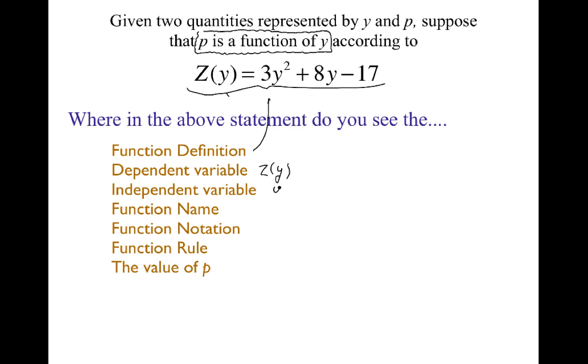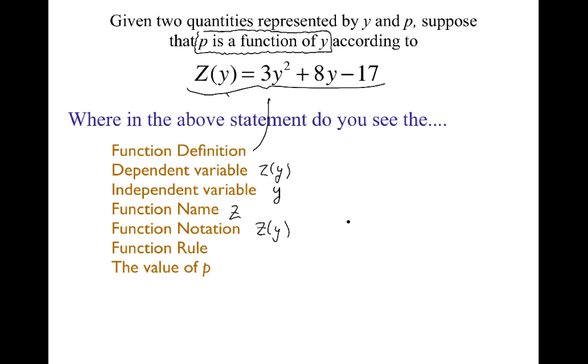The independent variable, that's y, right? We see that on both sides: in the function notation, and over here on the right too. The function name, easy, z. Function notation gives us z of y. It always gives the value of what? The dependent variable.